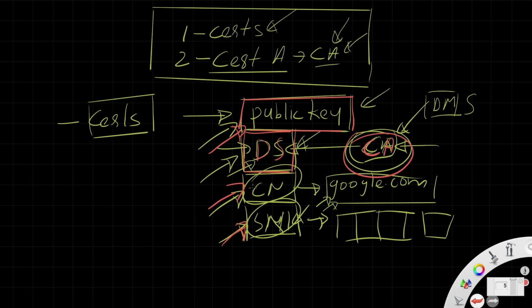Now we are going to discuss the concept of CNAME, another important field, or SNI for that matter. Both are kind of used for similar purposes. So let's revisit our objectives here, what we are trying to achieve at the end of the day. So let's enumerate all our objectives, and then we'll try to find solutions using what we have discussed so far. So let me erase this diagram.